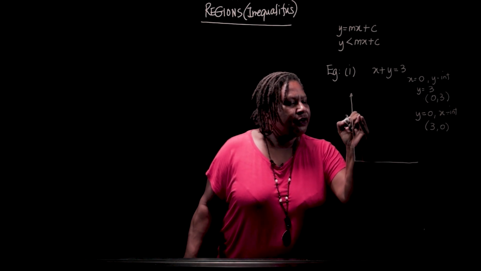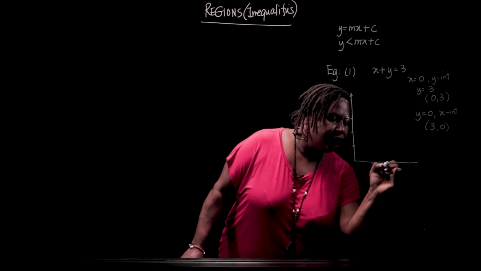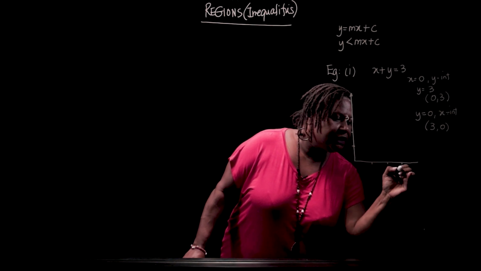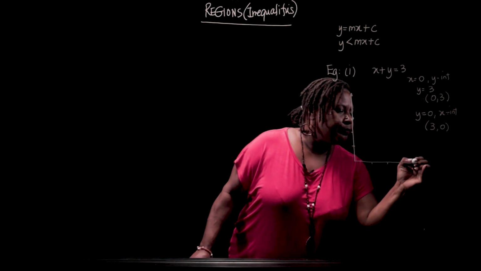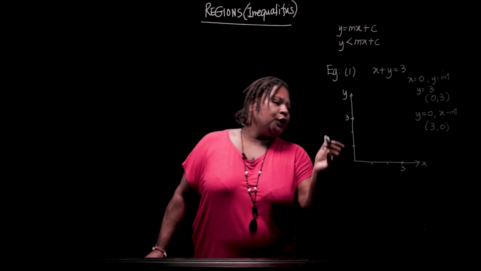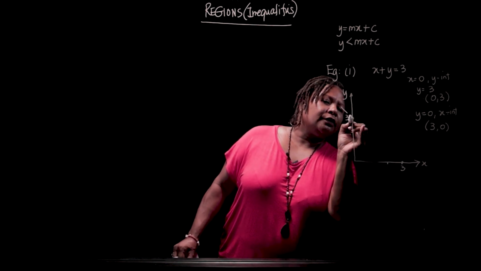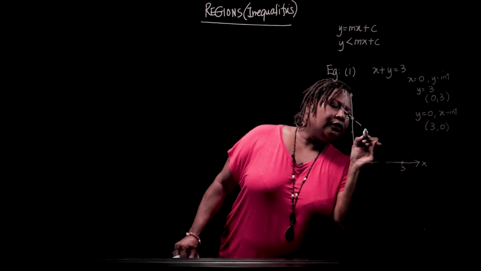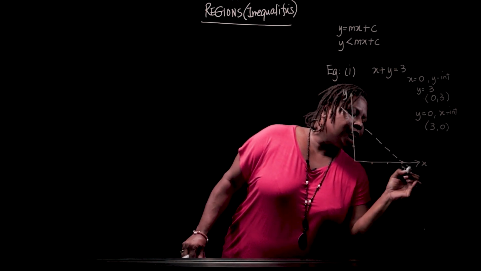We have 0, 3 here, and we have 3, 0 at this point. So that's x and y. Now, we draw in that line. There we go.